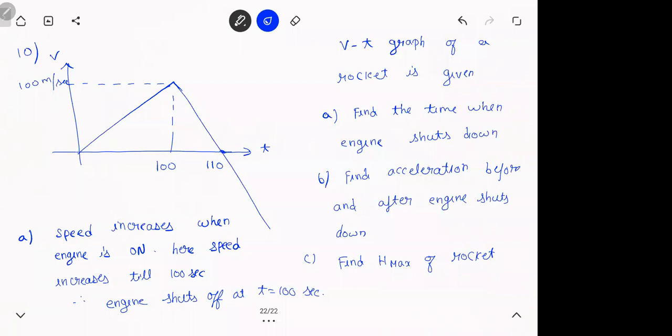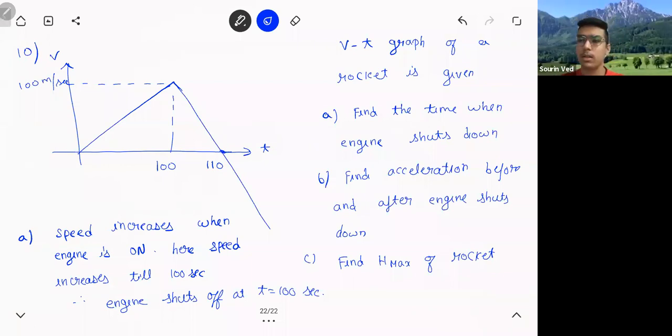Then what about the B part and the C part? Try, I'll give you another 1 minute. So the acceleration will be same, but it will be negative.